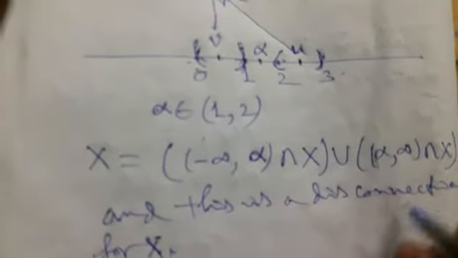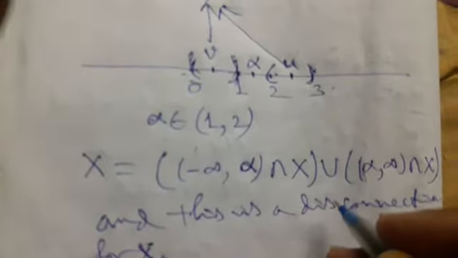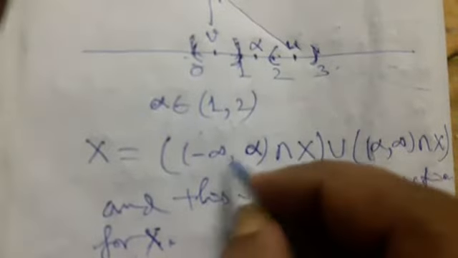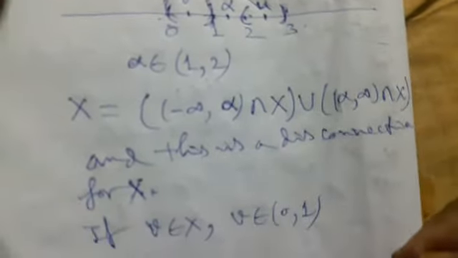Here also X is locally connected at u and v, and here is the disconnection. So in this way we get some concept about locally connected spaces. We already proved these results in these two intervals, and here is the disconnection.